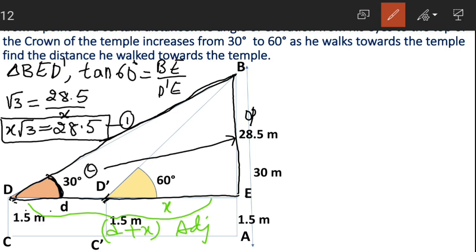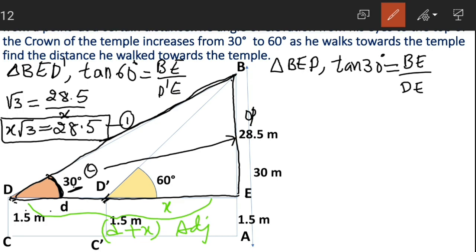So just take the triangle BED now. We know that tan 30 degrees. Here the angle is 30 degrees now. So tan 30 degrees is equal to opposite, that is nothing but BE, by adjacent, that is DE. So consider DE.